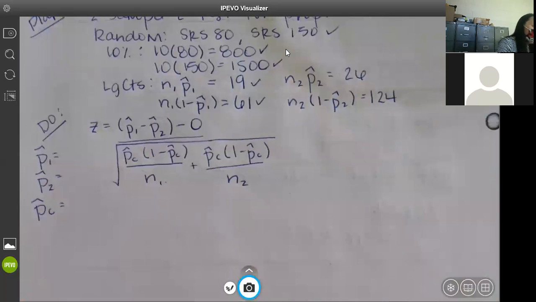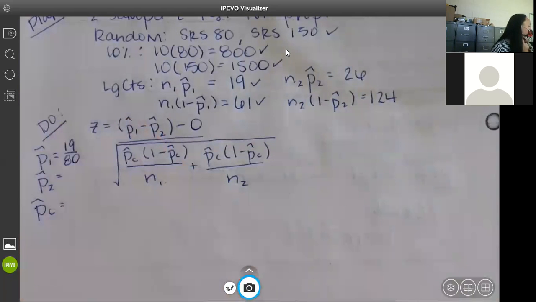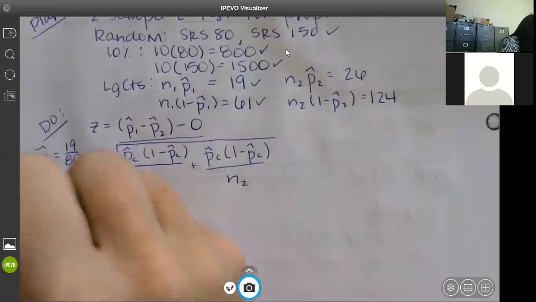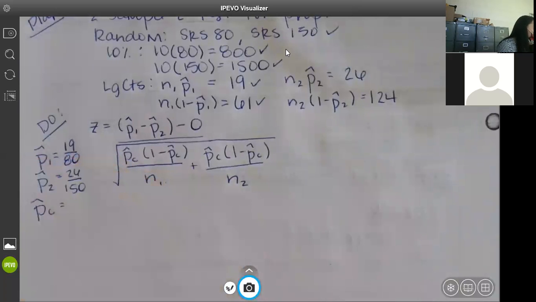So in the beginning, at school 1, 19 out of 80 had not eaten breakfast. In school 2, 26 out of 150 had not eaten breakfast. And then you're literally going to combine them. So combine them by adding, you're not adding the fractions.